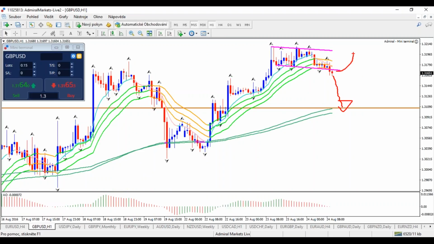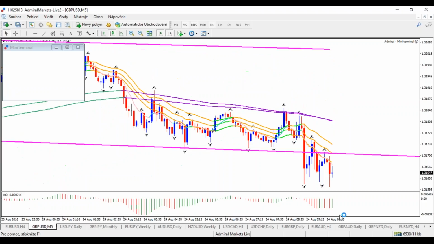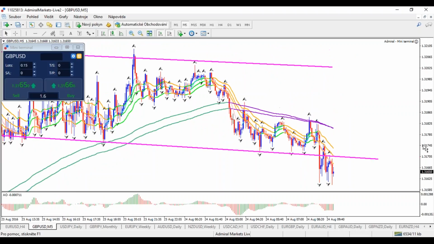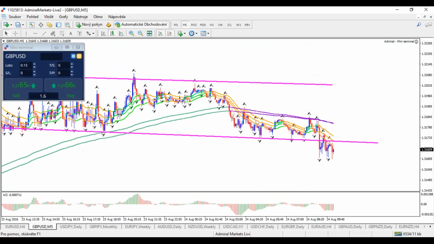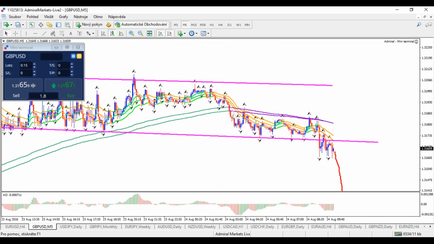It doesn't have to necessarily retrace. If it does break below the 15 and we see some good 5-minute momentum develop here, like this, for instance, then I would wait for the 5-minute oscillator to go back, and it could be good to look for a short on the pullback here.